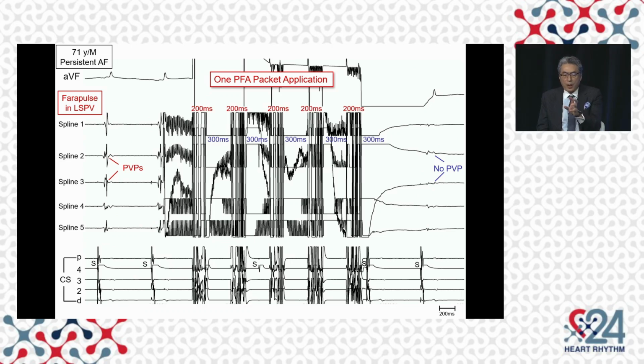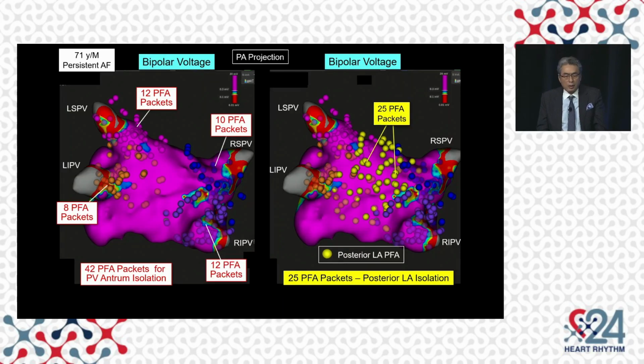So this is 1 packet, to eliminate all PV potentials. This is the average case, okay? So for the PVI, a total of 42 PFA applications. And if you want to go for posterior ablation, another 25 applications.